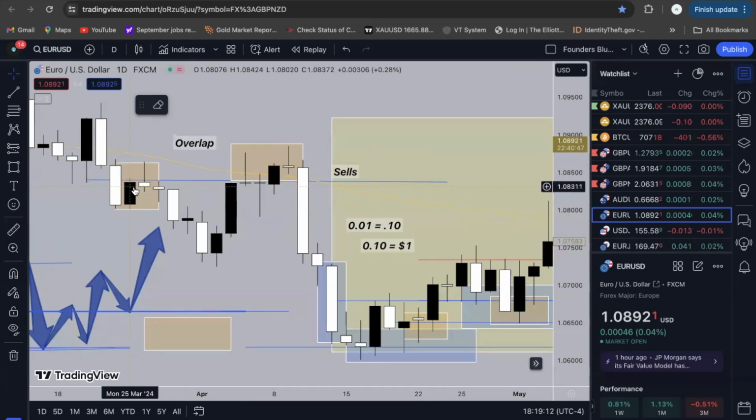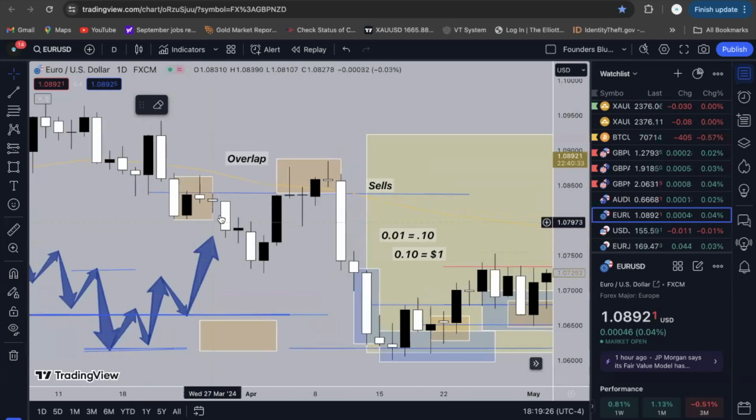Buyers, support. And then this white candle will represent sellers. So right after this candle formed, what did we continue to see? Downtrend. So this gives us the opportunity to create resistance.